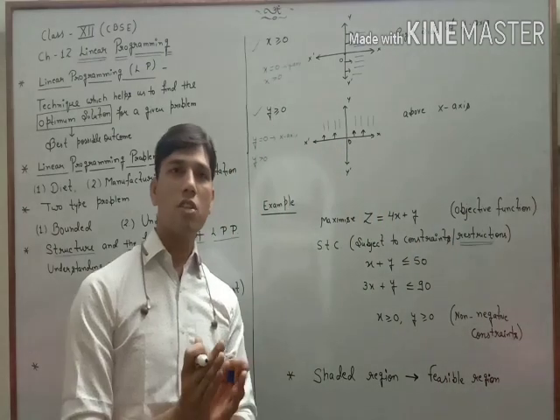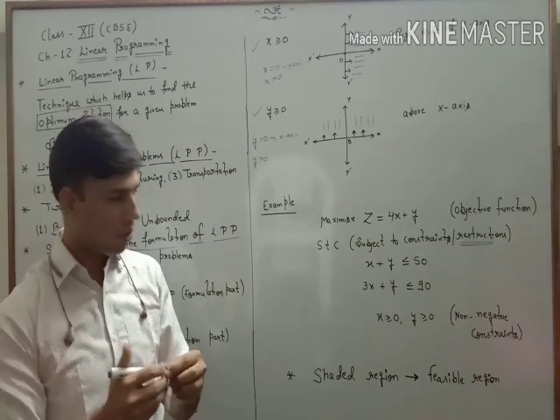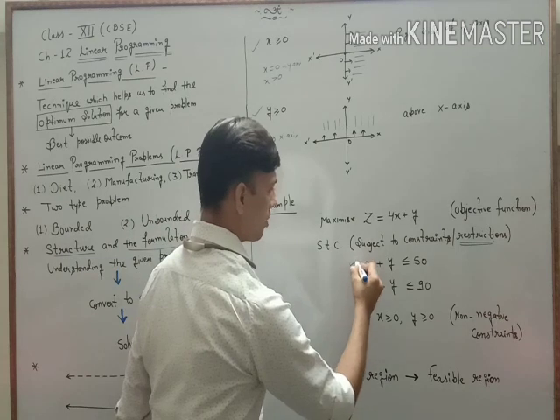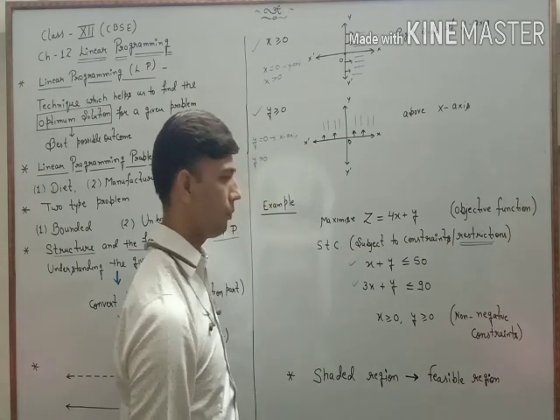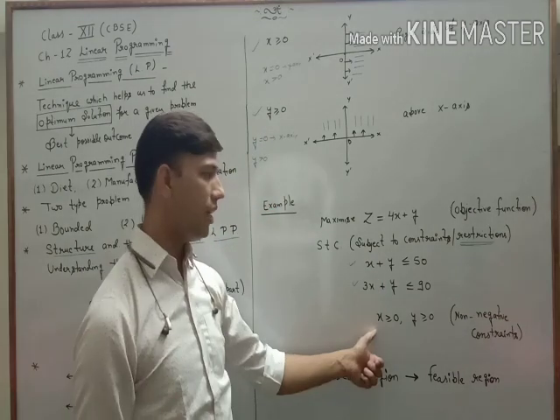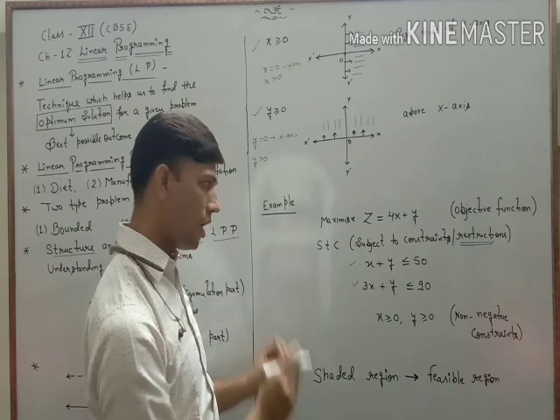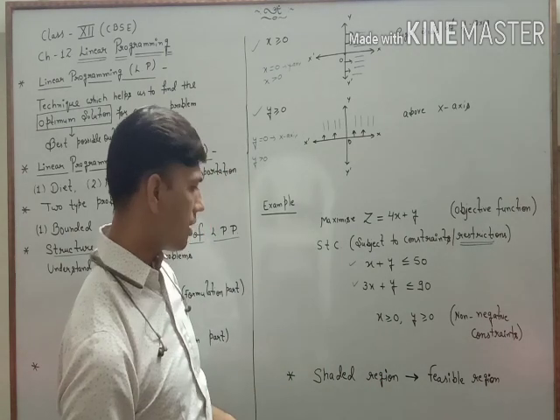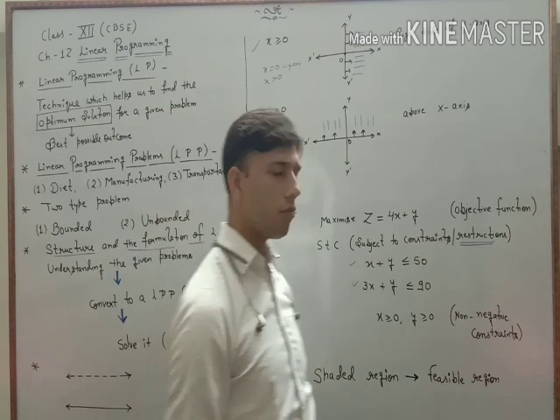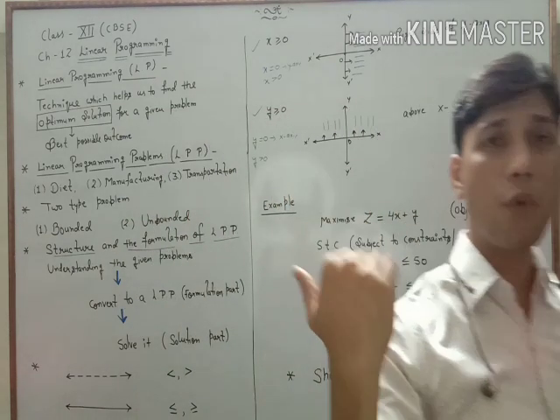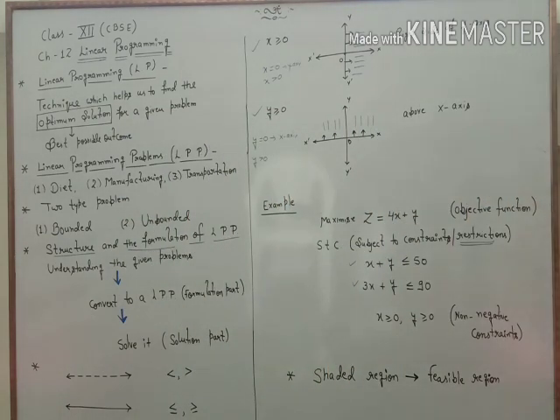Restriction means some conditions. Okay, so these are the two conditions. And last, you know very well, non-negative constraints. Clear? And the last one is shaded region. It means the visible region which is bounded by the constraints.